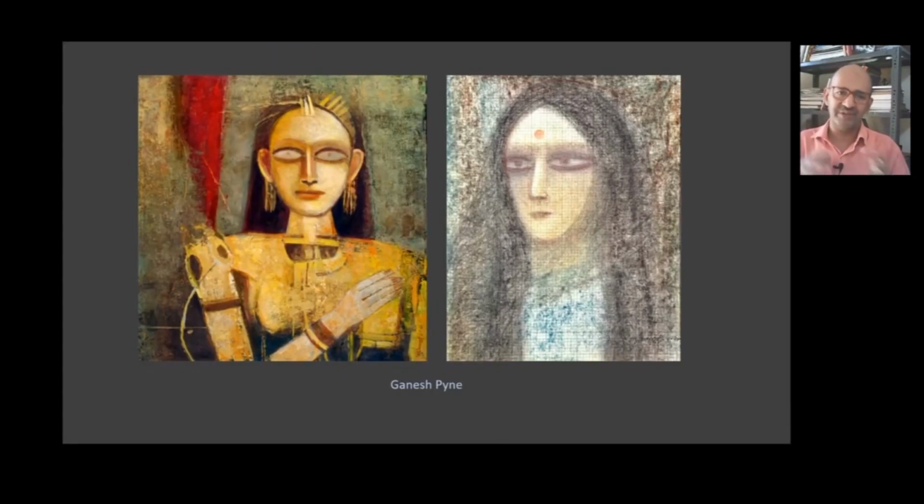For example, when you look at these figures, they look very iconic, as if you're looking at an image of a goddess whom you are just going to worship. But as you look at these figures very closely, you realize these images also have references to reality. So, this is the kind of style Ganesh Pine adopted for his figuration.